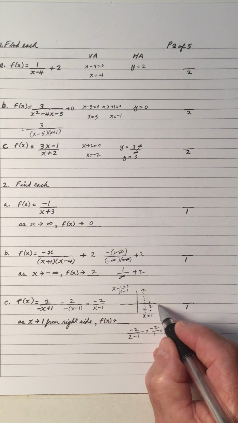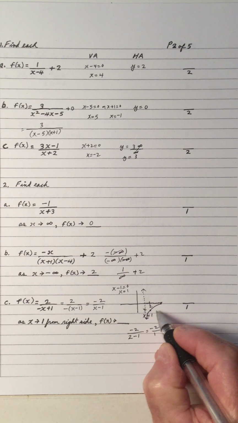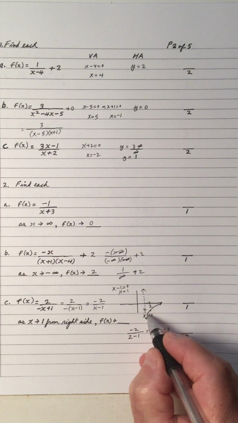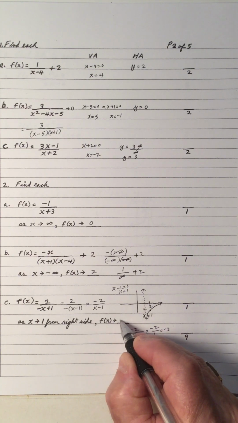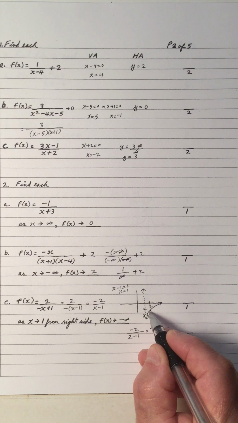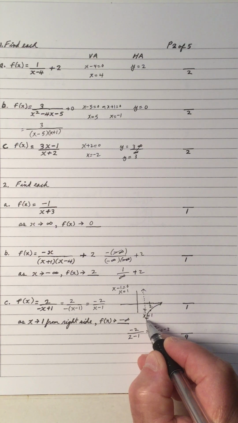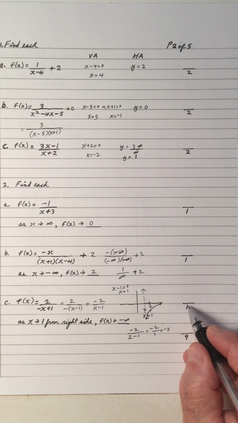So that means it's coming along here like this, and it's going down towards the asymptote. So as it approaches on the right this way, it's going to negative infinity. The closer and closer it gets to 1, the further this goes down, down, down to negative infinity. So if you have a negative infinity, give yourself a mark.